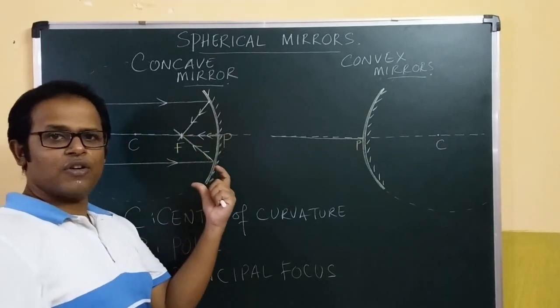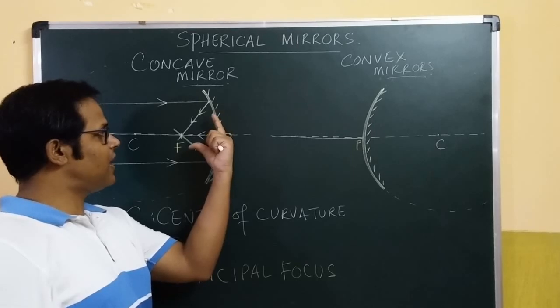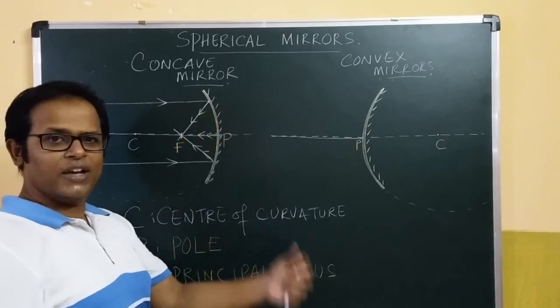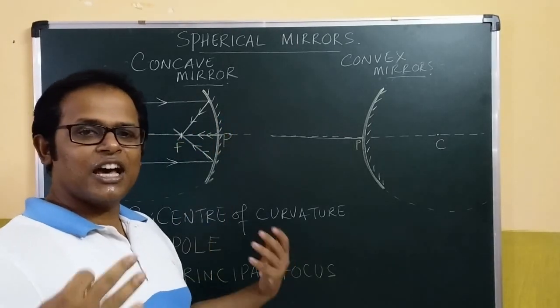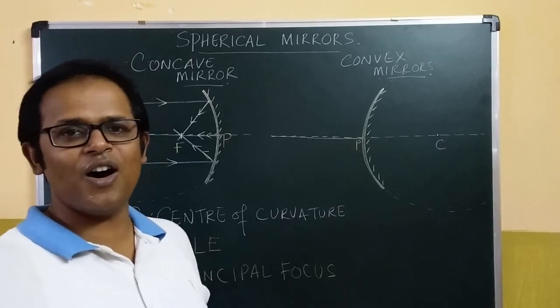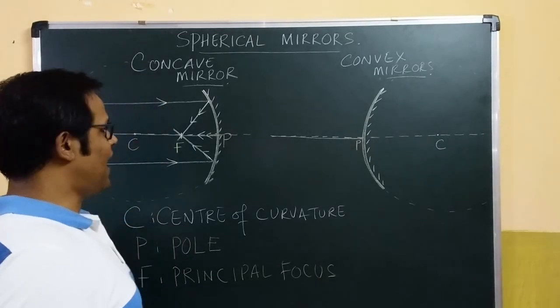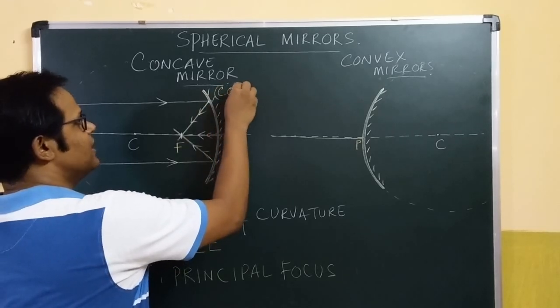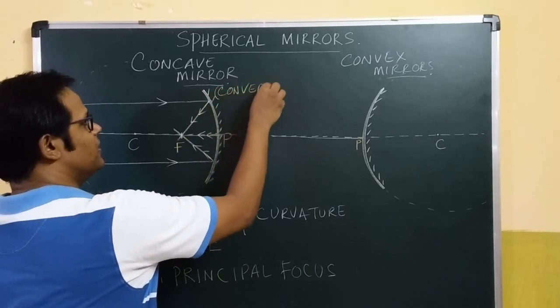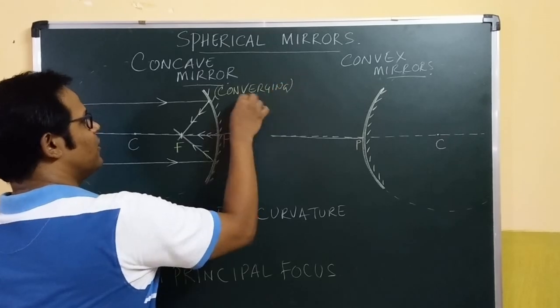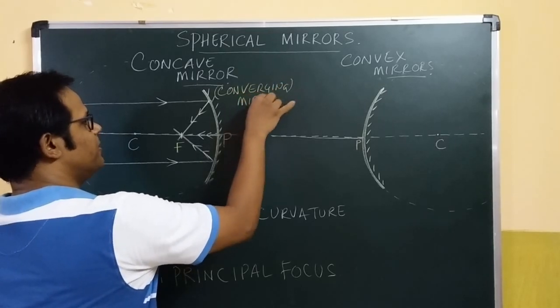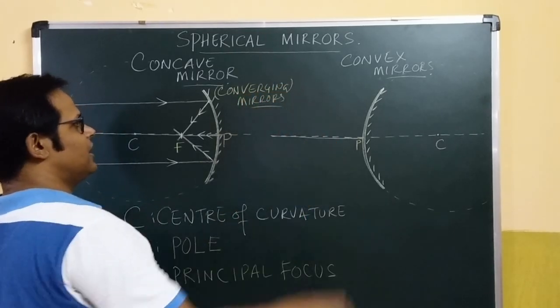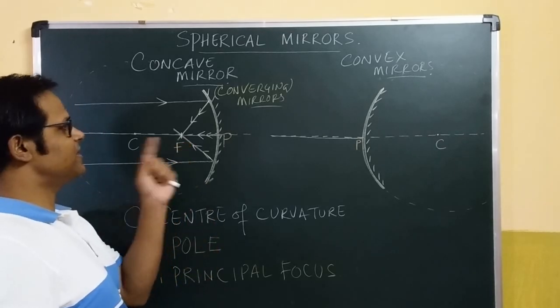This behavior of the mirror, which makes the reflected rays of light meet at a point, is called the converging behavior of concave mirrors. Hence, concave mirrors are also popularly called converging mirrors, as is very clearly evident from this diagram.